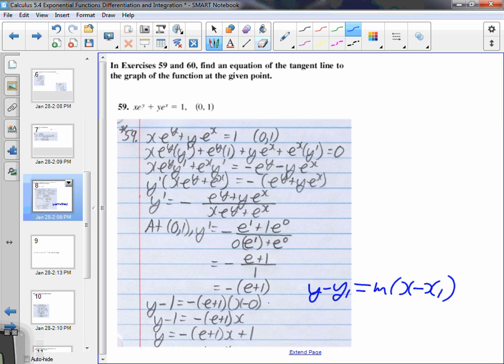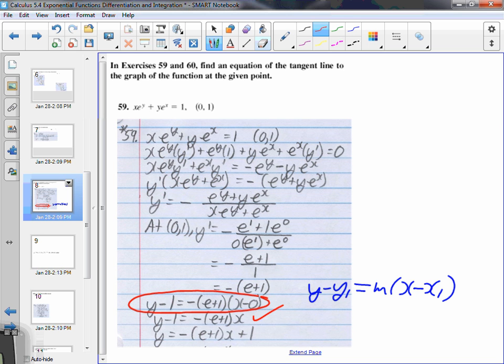So we get y minus 1 equals negative quantity e plus 1 times x minus 0. Well, in that last parentheses, x minus 0 is just x, so that simplifies it a little bit. And then, if they don't tell you what form to put your equation in, in fact, if it's a free response question, you can be done there.